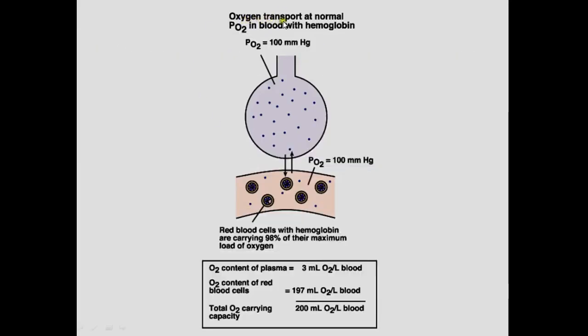Now oxygen transport at normal pH in blood with hemoglobin. Again, you recall this is the alveoli, the partial pressure is 100, and the blood that is coming to the alveoli for oxygen is equilibrated with the partial pressure of 100. So the blood which leaves the pulmonary capillary is at 100 mmHg partial pressure of oxygen.